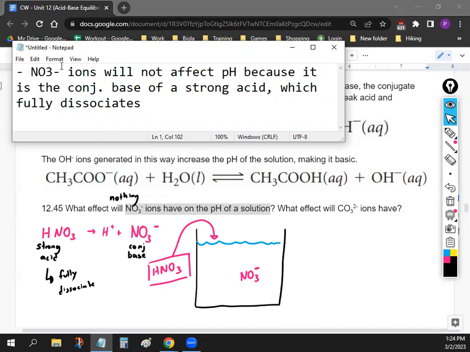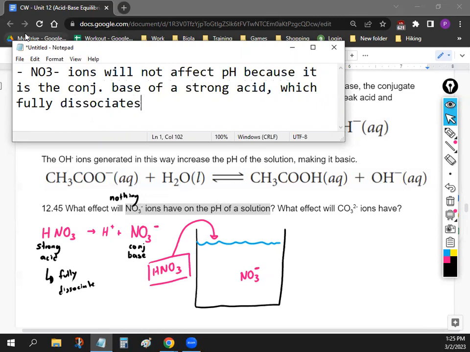So that's kind of the general gist. Does that make sense, guys? Conjugate bases of strong acids don't affect the pH because the HNO3 is going to dissociate no matter what. That's why it's a strong acid.